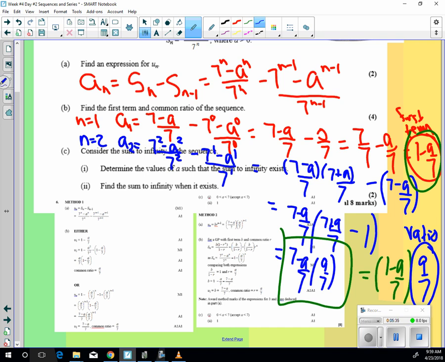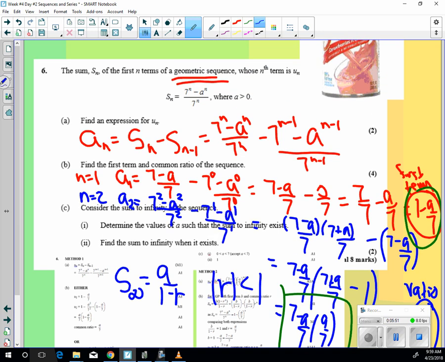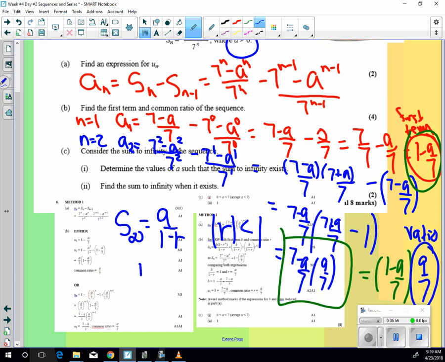Determine the values of a where the sum to infinity exists. So we talked about this already. A over 1 minus r works when r is between what? 1 and negative 1. Of course, they said in this one, a is greater than 0. So we're looking at r between 0 and 1, because r can't be negative.